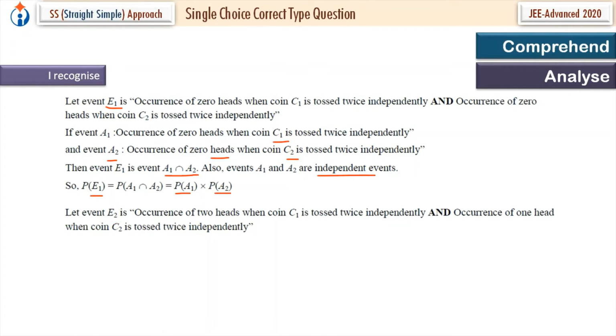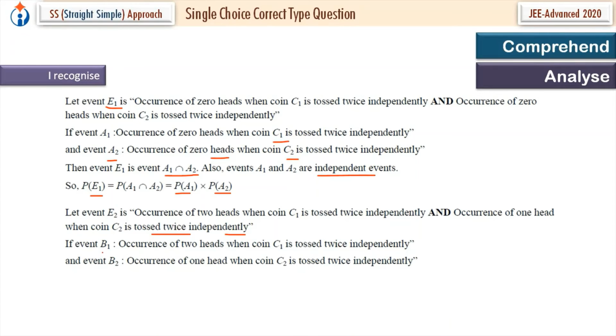Similarly, for the second, event E2 is occurrence of 2 heads when coin C1 is tossed twice independently, alpha equal to 2, and occurrence of 1 head when coin C2 is tossed twice independently, beta equal to 1. So in this again, we break it: event B1, 2 heads on coin C1 tossed twice independently.